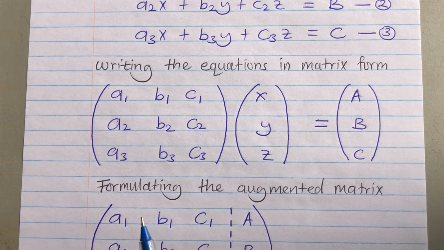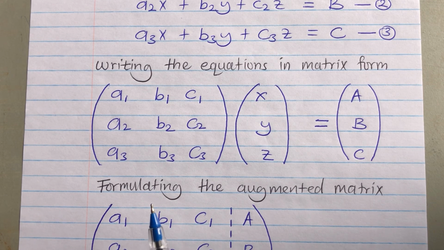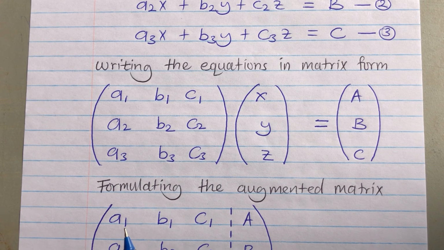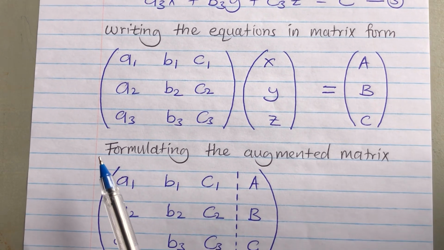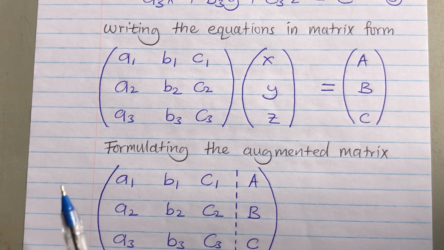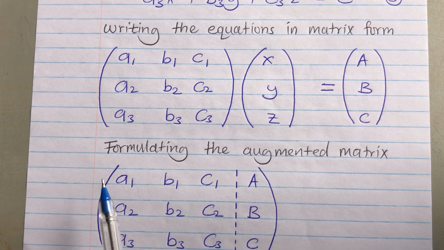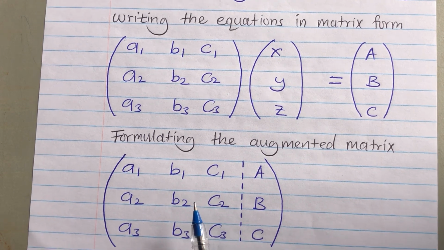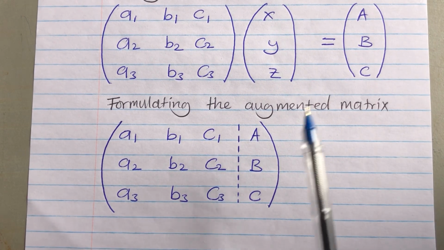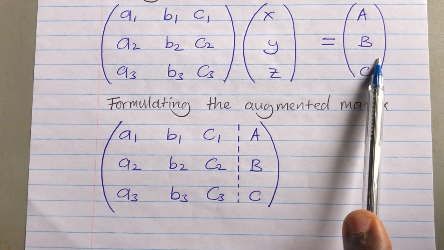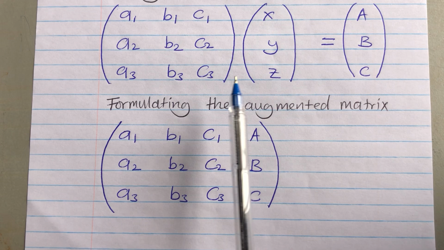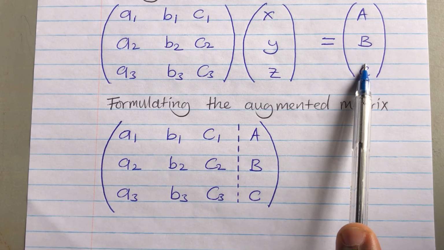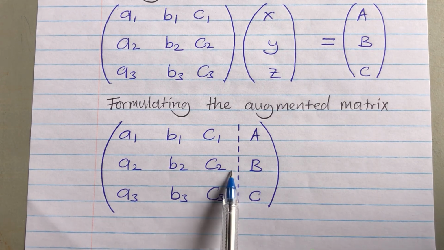After writing the equations in matrix form, we formulate the augmented matrix. How does it look? In the augmented matrix, we bring the equivalents or the answers to the equations into the same matrix as the coefficients.